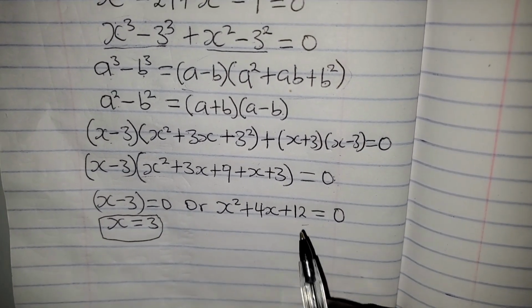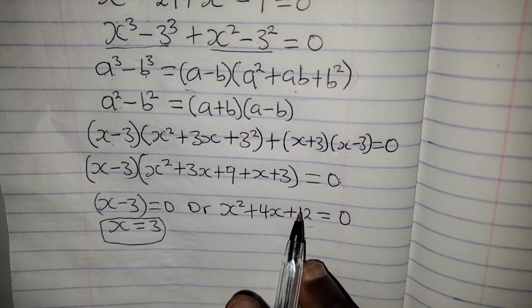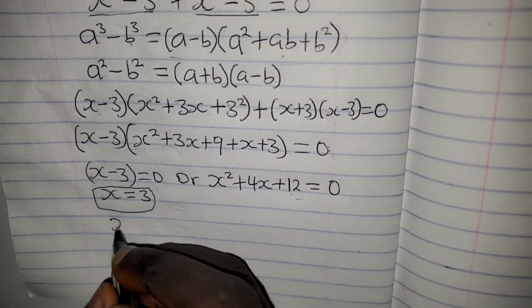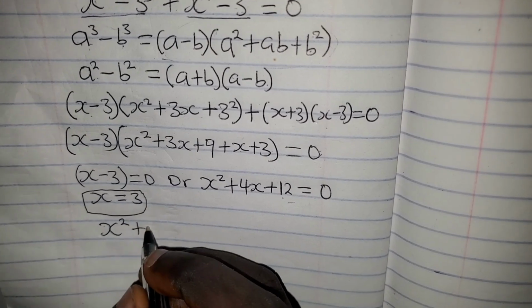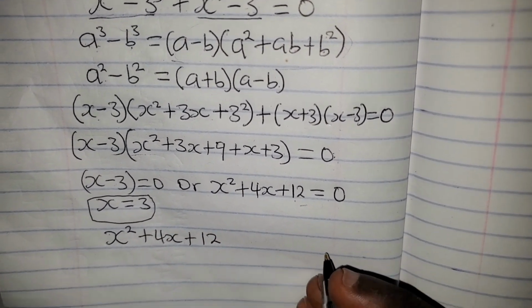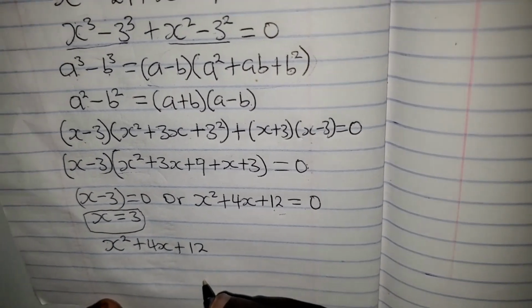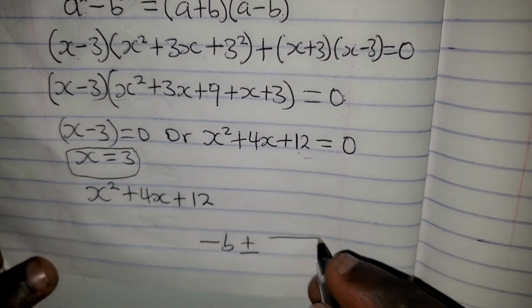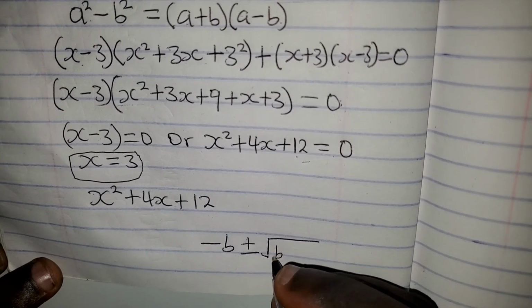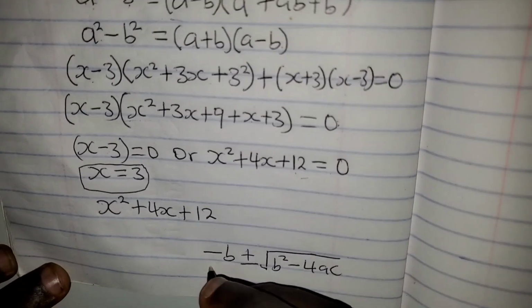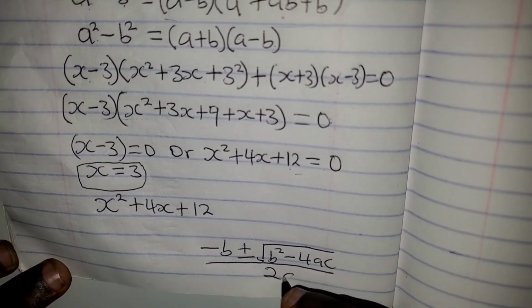What about this one? This is a quadratic equation on its own, so I will need to break this one further. I have x raised to the power of 2 plus 4x plus 12. So we use our quadratic formula that says minus b plus or minus the square root of b squared minus 4ac, all over 2a.